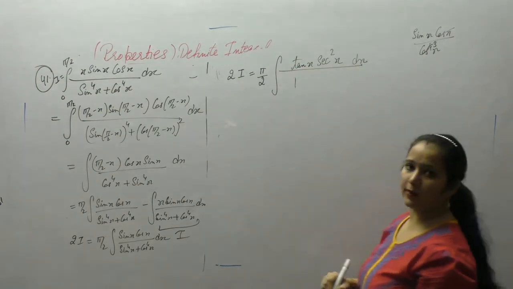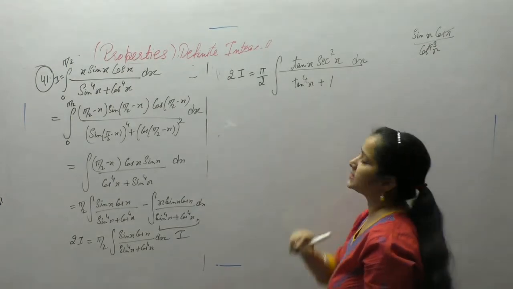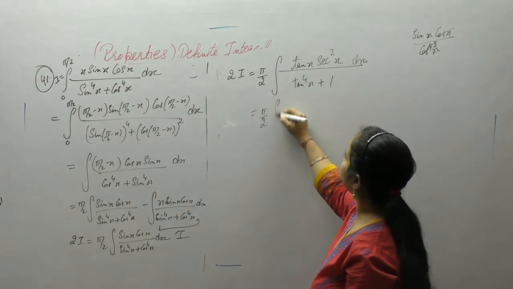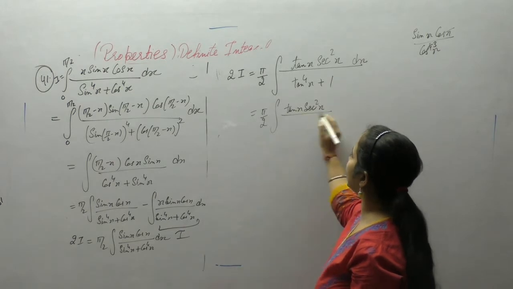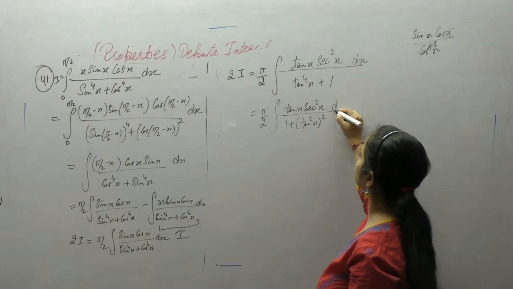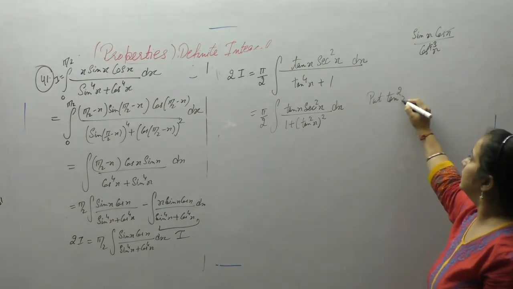Sin^4 upon cos^4 is tan^4 x plus 1. We can write tan^4 as (tan square x) square. Now put tan square x as t.